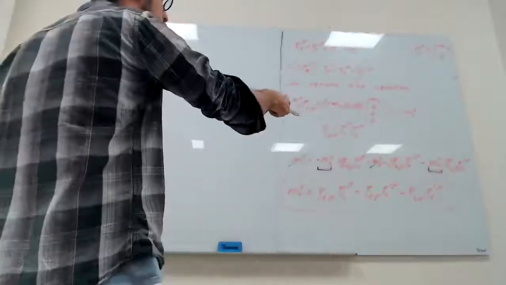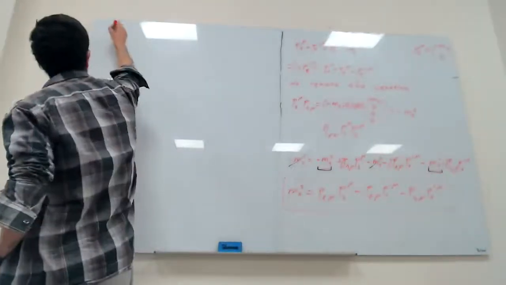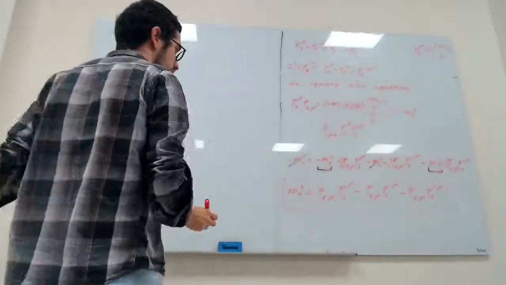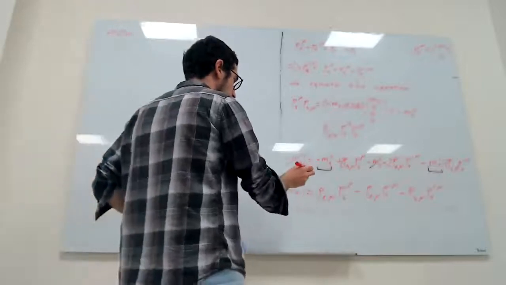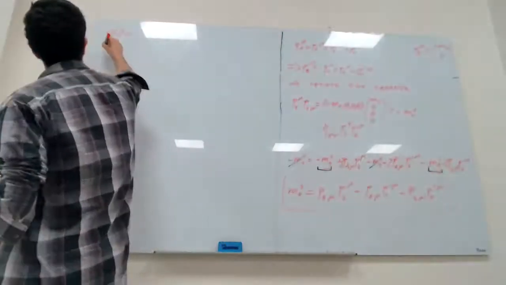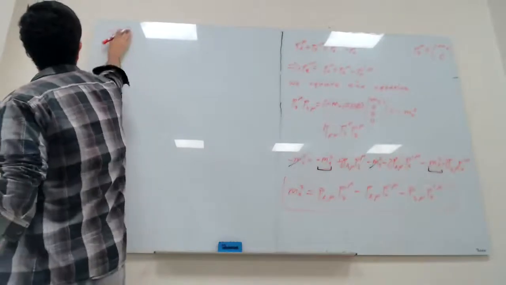Okay, so we know P2U, so we get m1 squared equals 2. Basically, we know P1U, let's write everything.